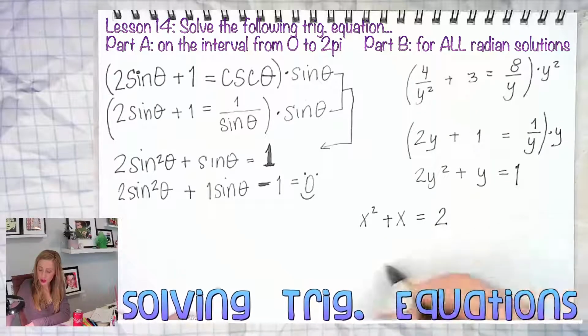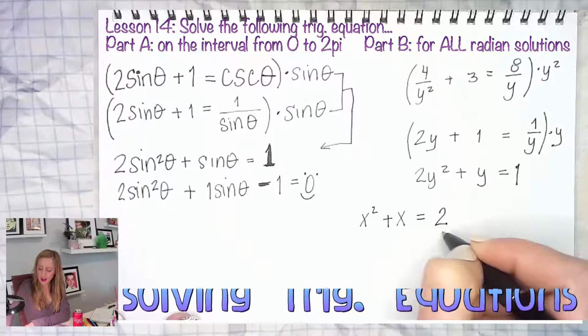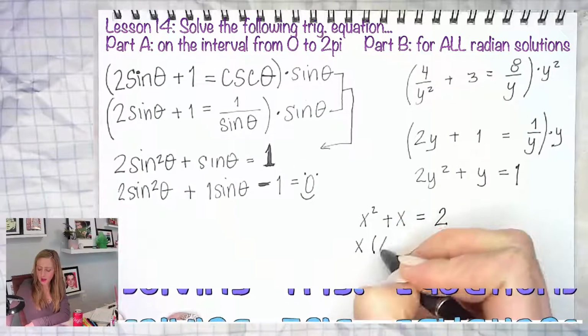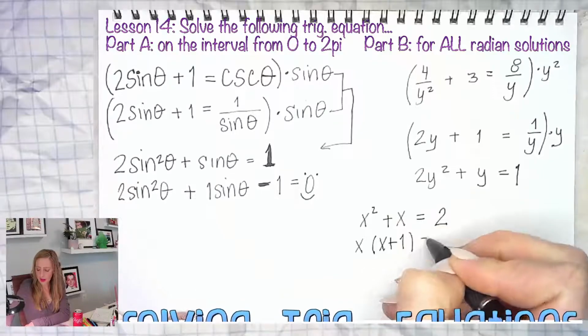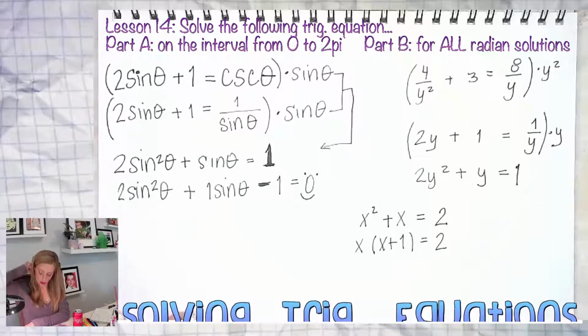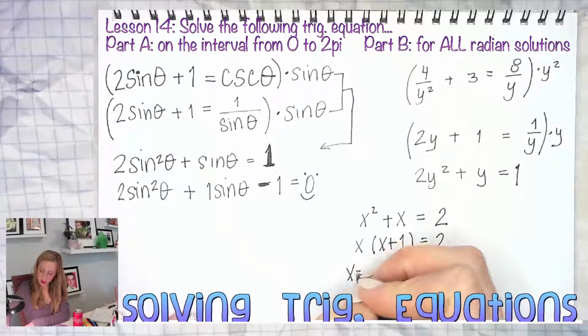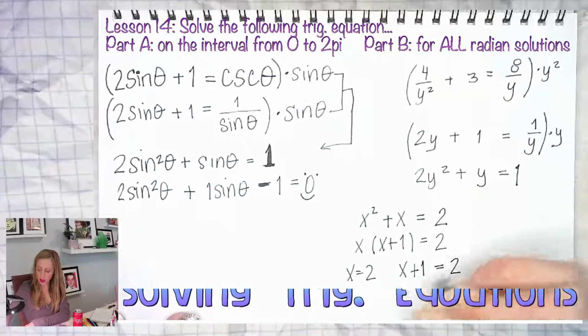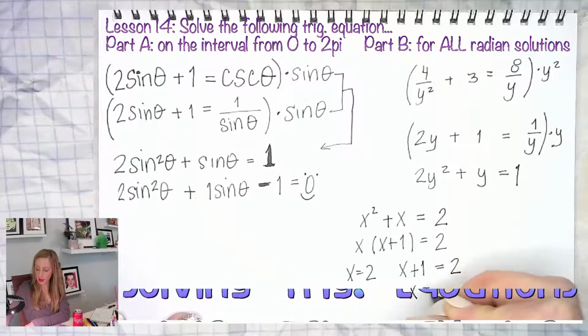If you tried your idea, x times x plus 1 equals 2. Then x equals 2. This is bad that I'm showing, okay? x plus 1 equals 2. Subtract 1, x equals 1.